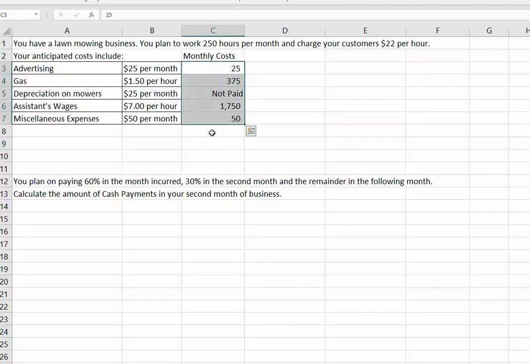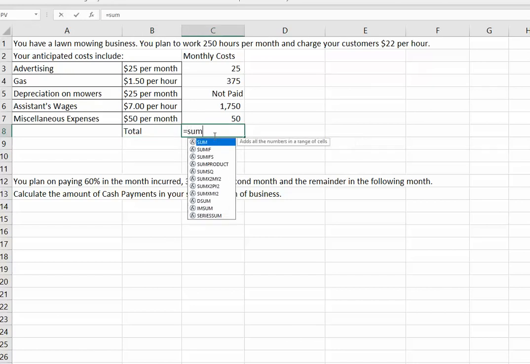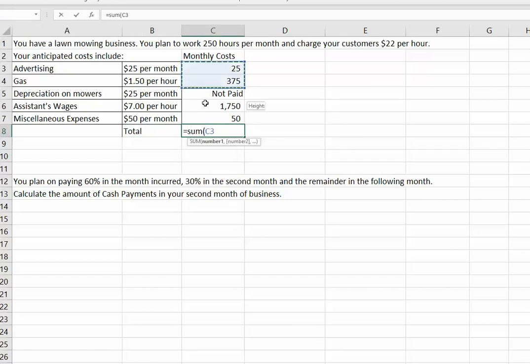So each month, the total that we're going to be having to pay for is the sum of these. So each month you're expected to pay $2,200.